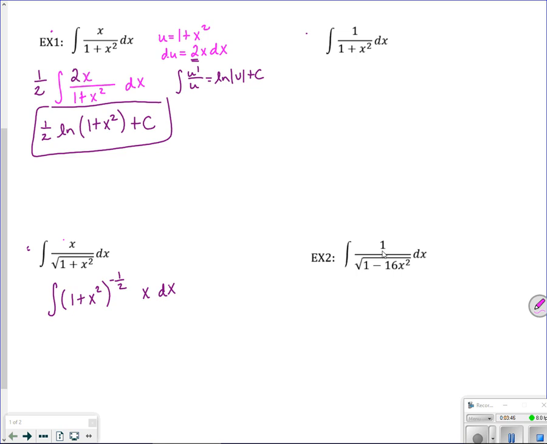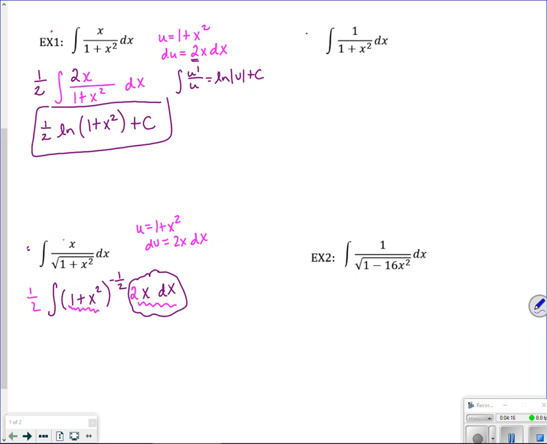And once again, you have to have the inner derivative sitting next to your dx. So in the same way, our u is 1 plus x squared, our du is 2x dx. All I have is the x dx, I need a 2 and a 1/2, and that gives me the green light to do the power rule.